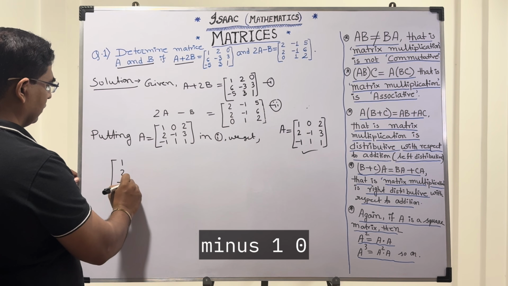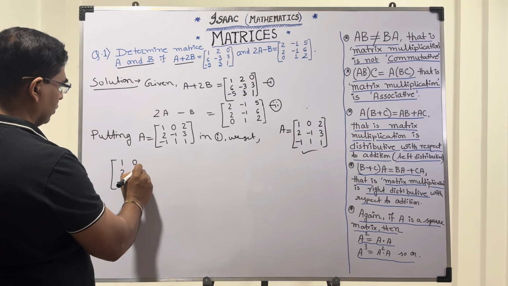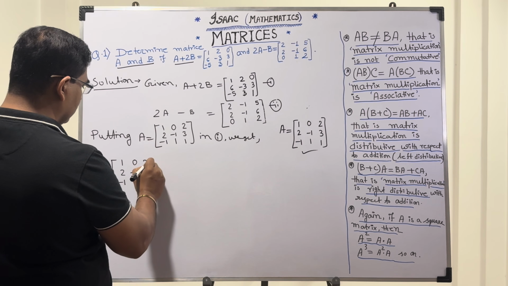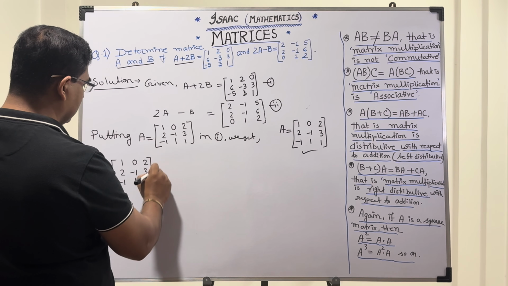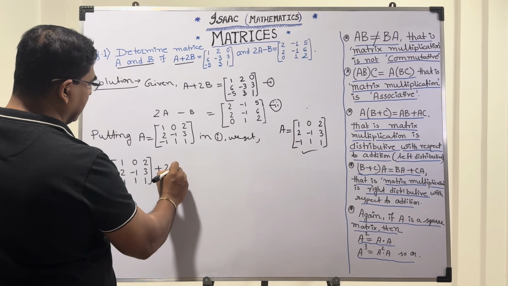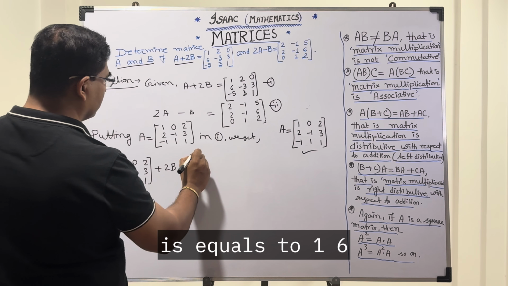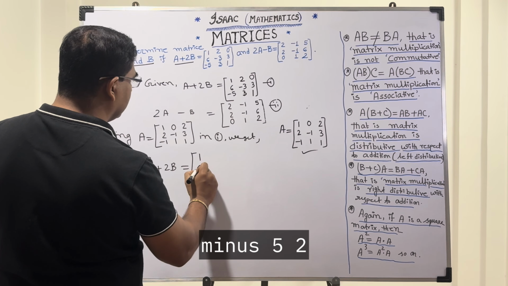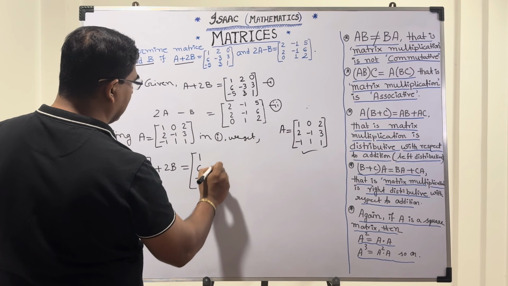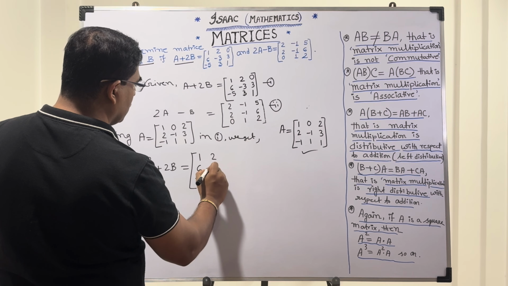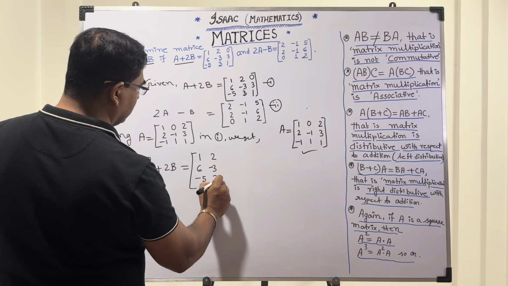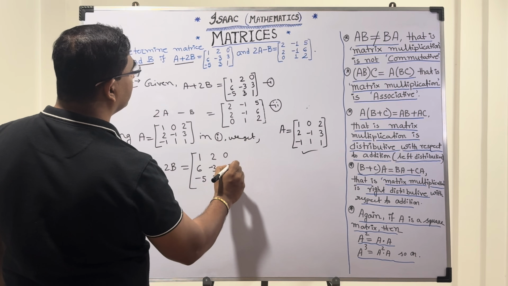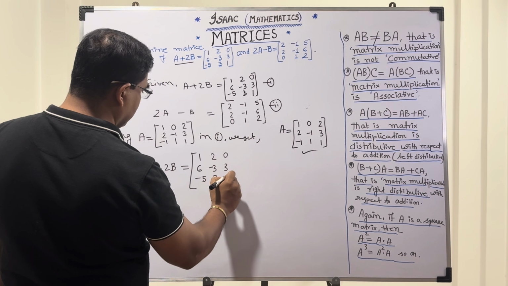1, 2, minus 1, 0, minus 1, 1, 2, 3, 1 plus 2B is equal to 1, 6, minus 5, 2, minus 3, 3, 0, 3, 1.